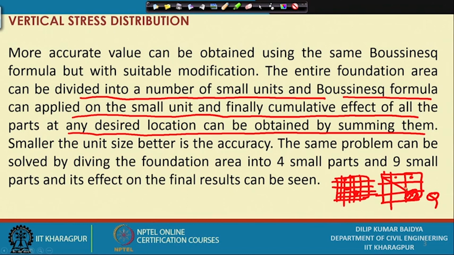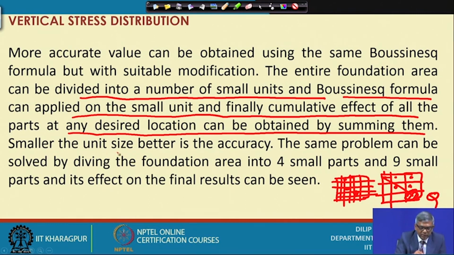Like that I can find the distance of the desired point from the point of application of the load, and then I can apply the Boussinesq formula again and again, and finally sum it to get the stress because of the entire loading area. So, that is the thing we will try to show here.